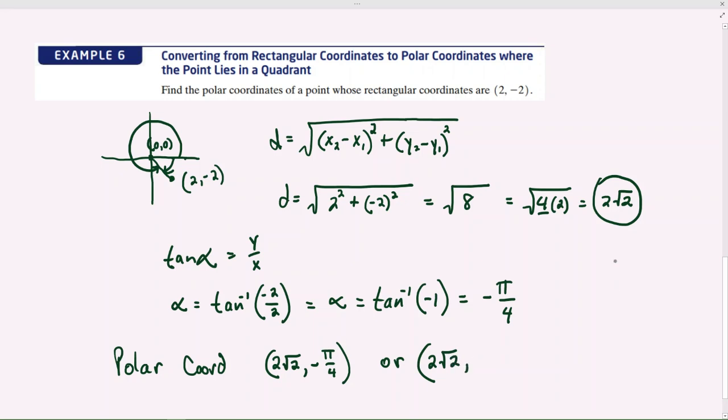So here's the negative pi over 4. If I go from the other direction, I just have to take pi over 4 away from a full 2 pi. So that's going to be 2 pi minus pi over 4, 7 pi over 4.